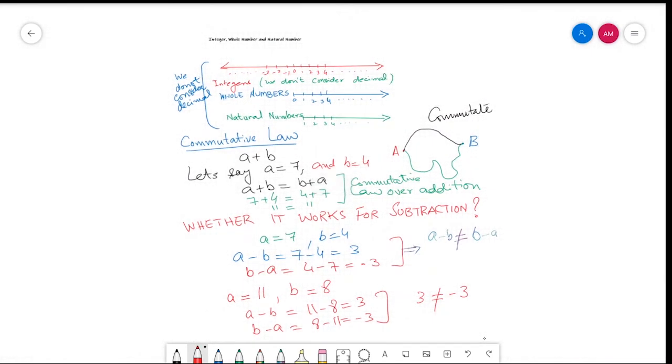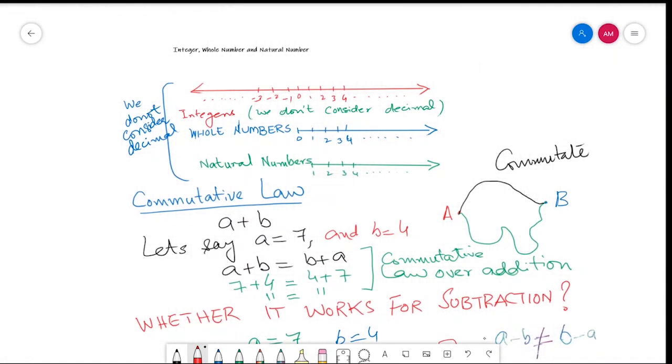We learned three types of numbers: the integers, whole numbers, and natural numbers. We drew the number lines. We saw that the integers include negative numbers and positive numbers including 0. The whole numbers start from 0 and have only positive numbers.